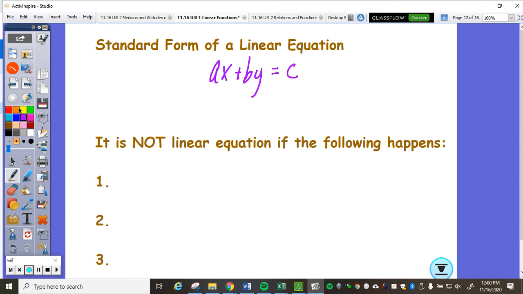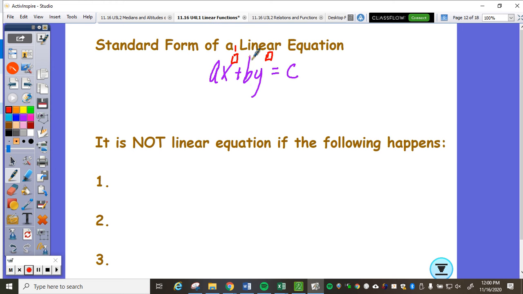Now, let's just kind of talk about something here for a second. If I'm looking at this x right here, this x has an exponent, and this y has an exponent. What is that exponent? You know what the value of it is? 1. Okay?